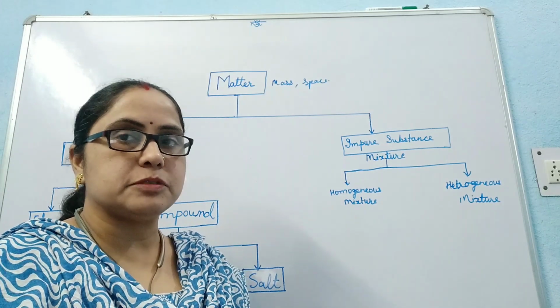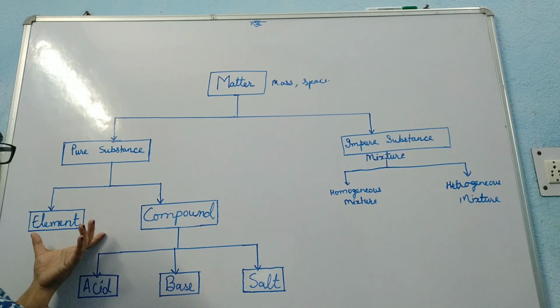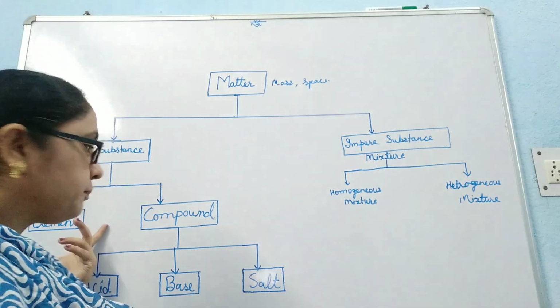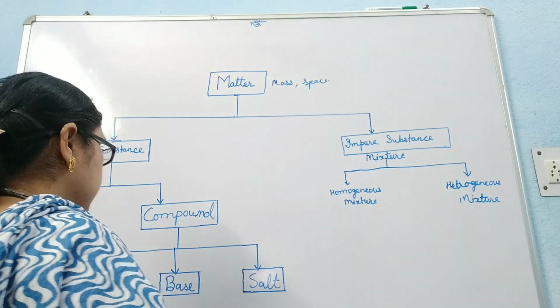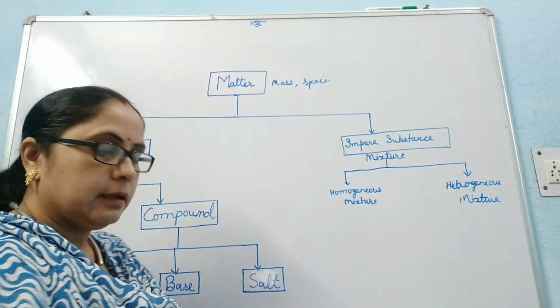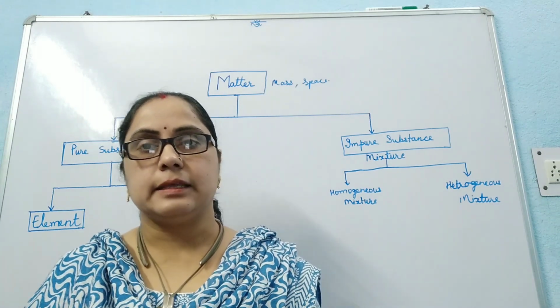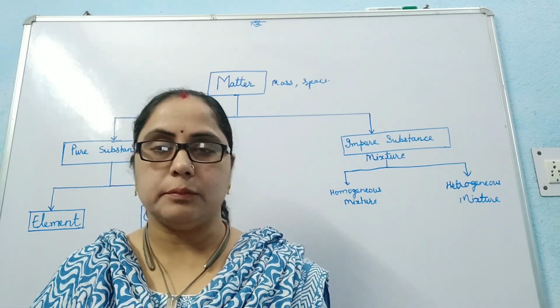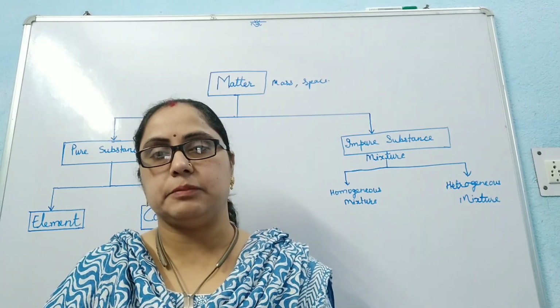Some substances are placed in the pure substances and others are placed in impure substances. Further, pure substances can be categorized in two parts, that is element or compound. Elements are further divided into metals, non-metals and metalloids. This we will discuss in the next chapter.